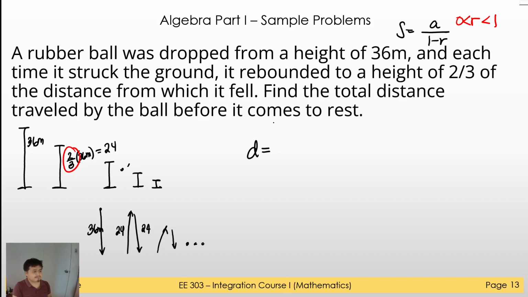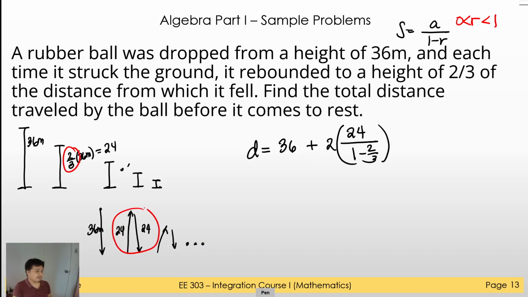So how do we solve for this? We have 36 plus, we have a here equal to 24, so 24 over 1 minus 2/3. And then you should multiply this by 2, since we have to account for the rebound, so it will be times 2.